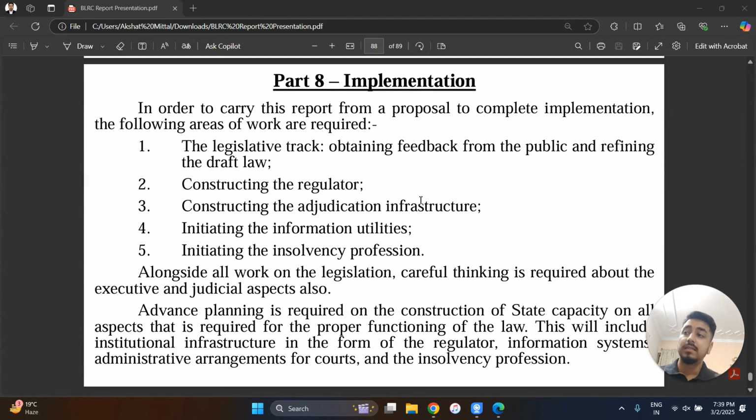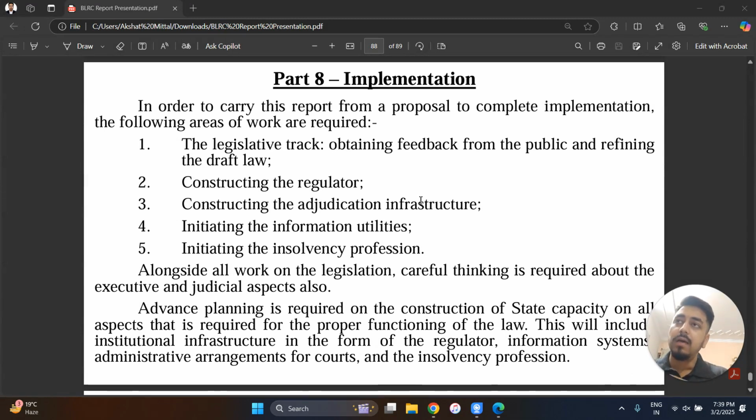So this committee has somewhat said in this part that though they have recommended and recorded findings for the implementation of a very good insolvency and bankruptcy code, this committee has also identified that still there is a lot of work which needs to be done. For example, the recommendation of the committee with respect to IBBI, that particular board has to be constructed.